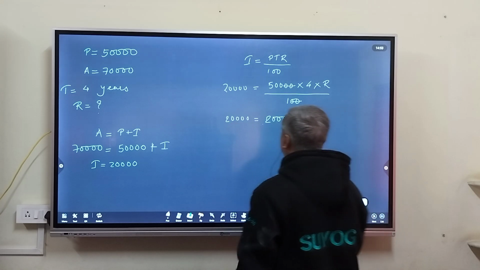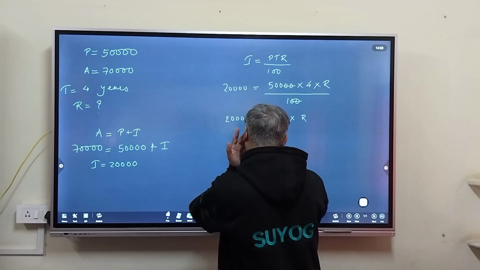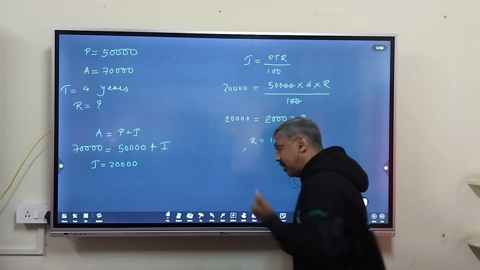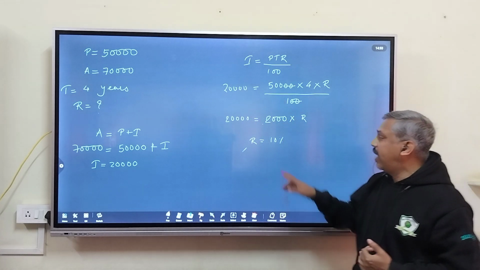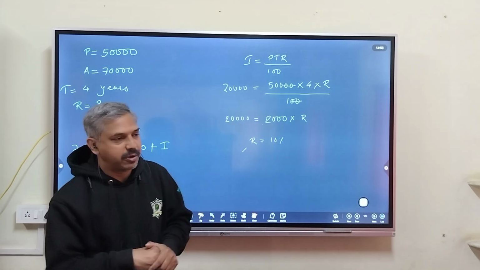Let's divide, so we get R is equal to 20,000 upon 2,000, which is equal to 10%. So the loan was taken at a 10% rate of interest per annum, every year.